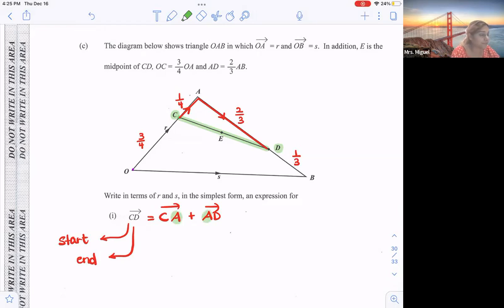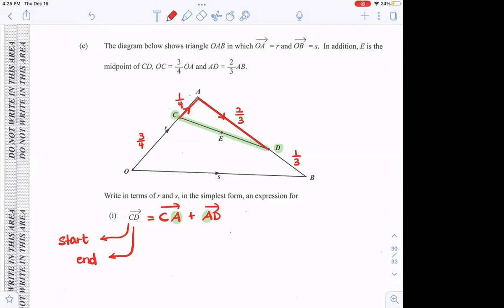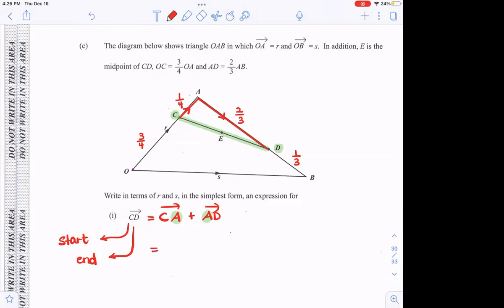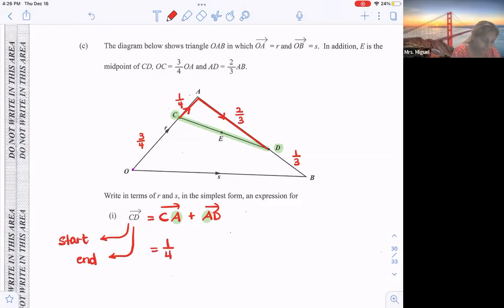Are you all with me so far? Yeah, miss. So, a quarter of R, because the whole vector OA is R, so a quarter of R plus AD.